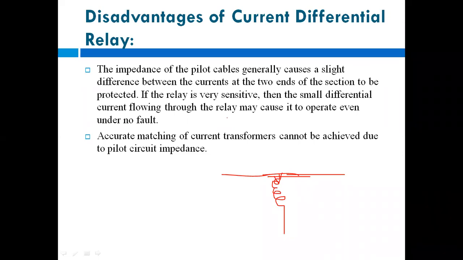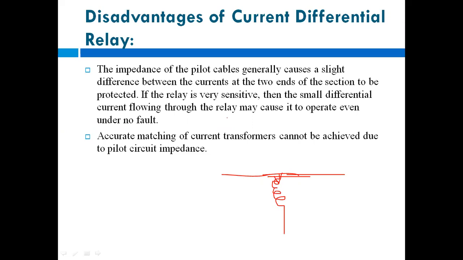But what is the drawback? These relays are very sensitive. Even if no fault has occurred, if due to some reasons the current increases or decreases under normal conditions, this relay will still operate.